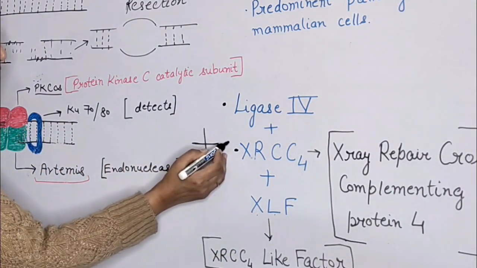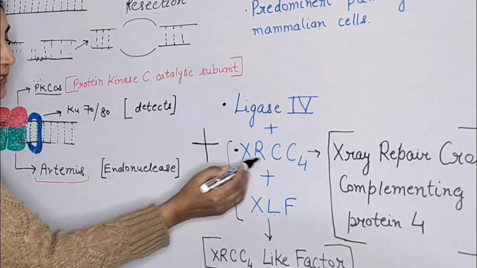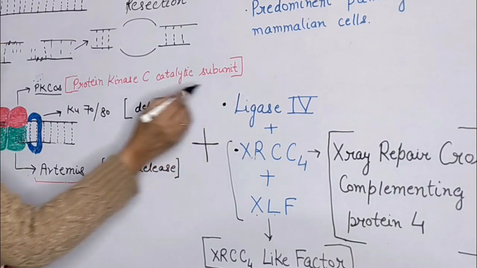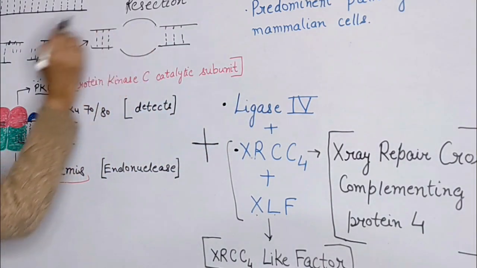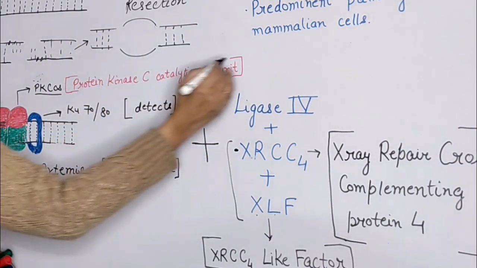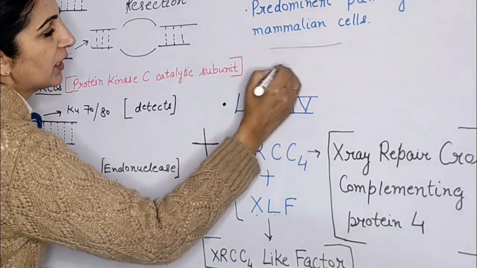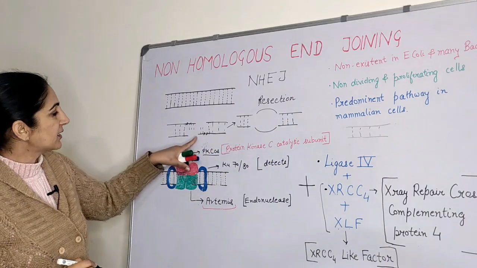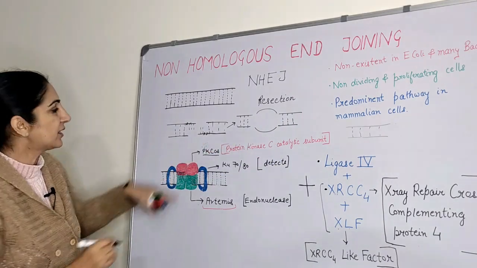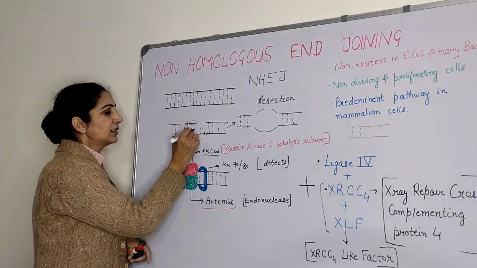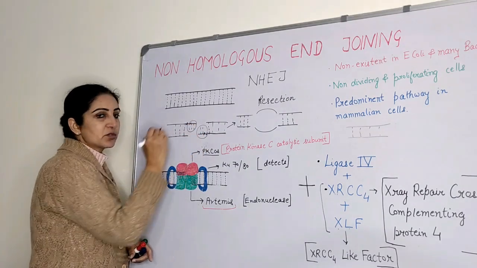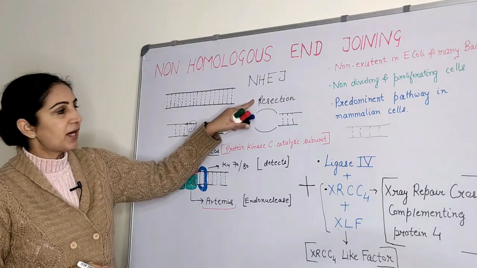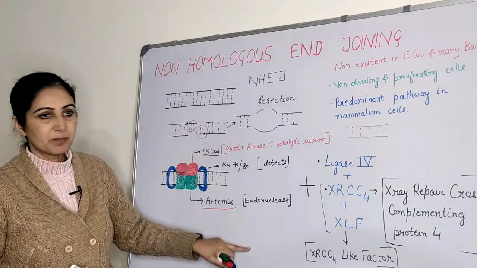With the help of these two proteins, ligase 4 joins these two ends, so that we have got a DNA molecule like this. We have seen there is loss of some nucleotides at the overhanging ends. This loss of nucleotides is known as resection, and it mainly occurs in this kind of repair.